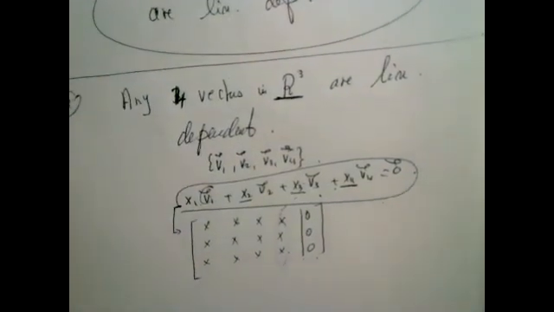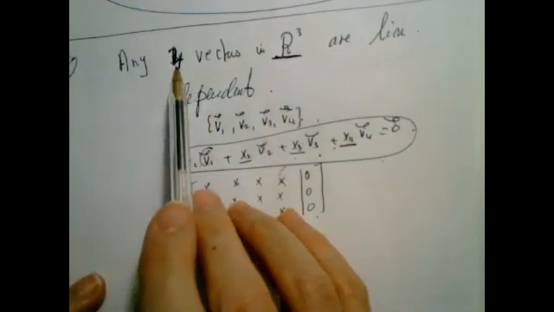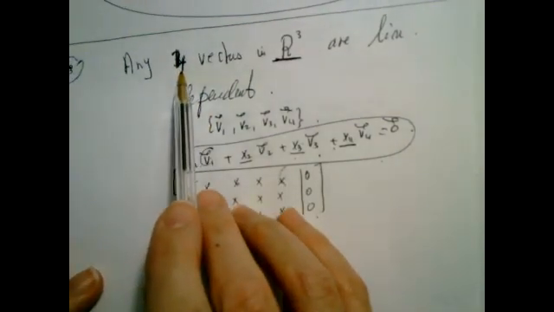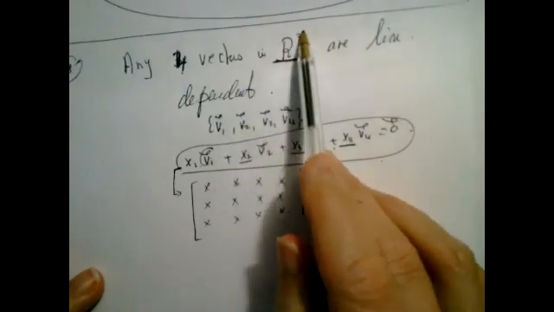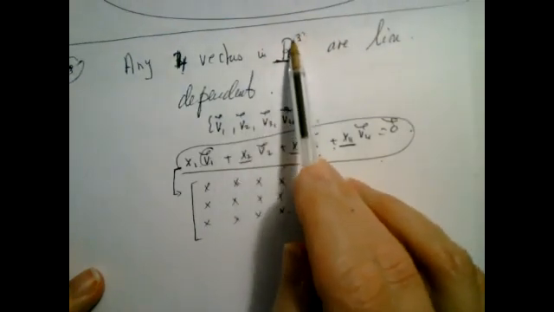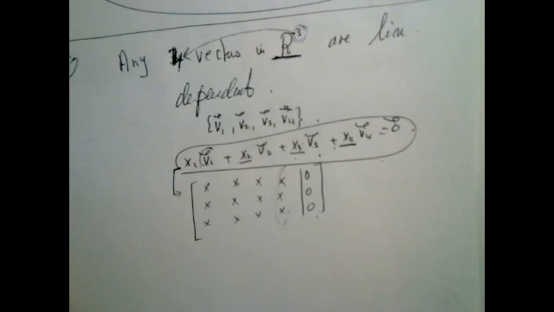So in general, if I have more vectors than the dimension of the space, they will be linearly dependent.